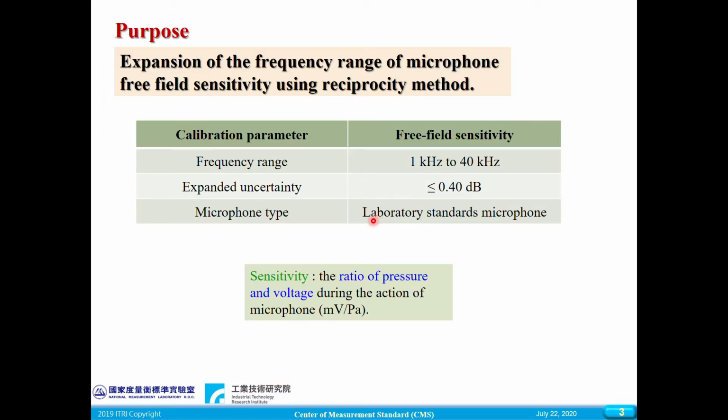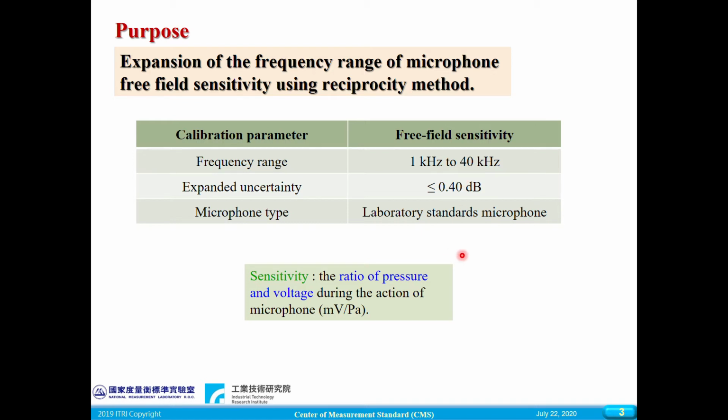Currently, each CMC only provides microphone calibration in pressure sensitivity, and there's no free field sensitivity calibration service for the free field type microphone. Therefore, we are making an effort to synchronize the technique with the international NMI by expanding the frequency range of sensitivity calibration in the free field microphone system, and also by the comparison calibration method.